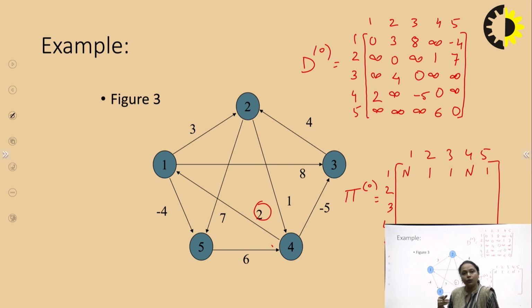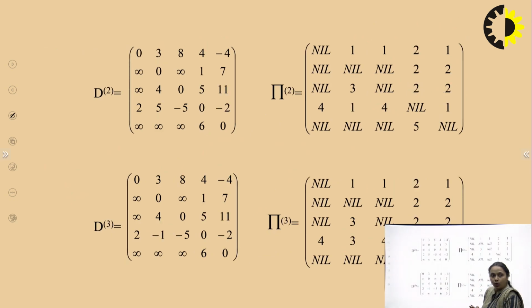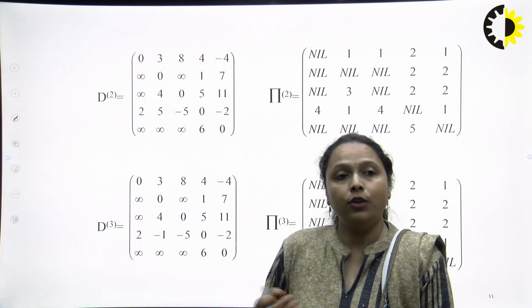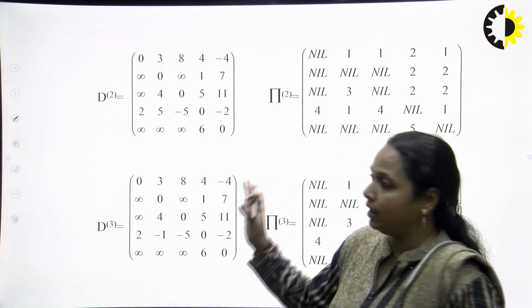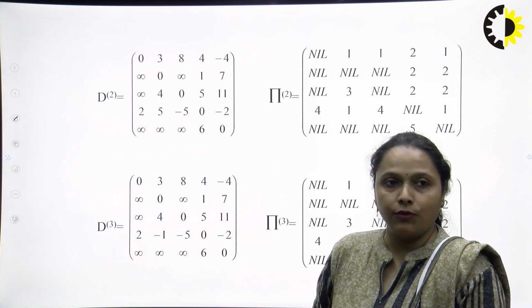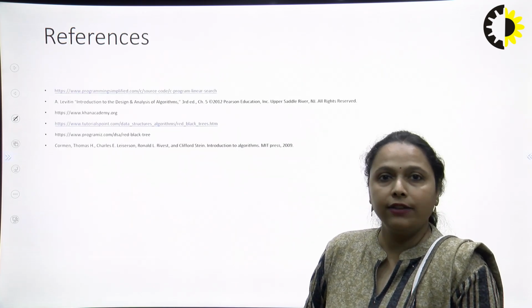And for D5, we will include 1, 2, 3, 4, 5. All 5 nodes will be included. So step by step, the intermediate nodes will be increasing, and based upon that we will find the optimal solution. So I hope the concept is clear. You can go through the slides and find the results. And while you are solving, you can solve each matrix by using the formula or directly from the graph. So these are the references. Thank you.